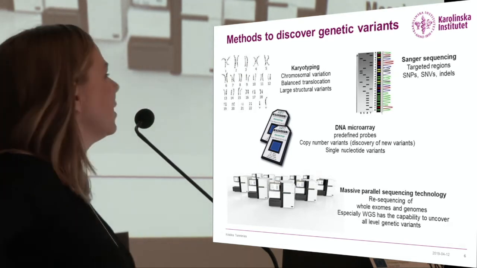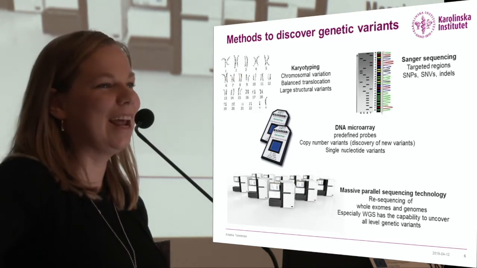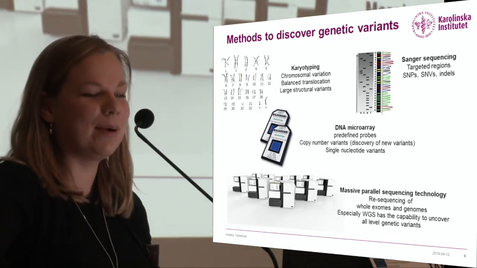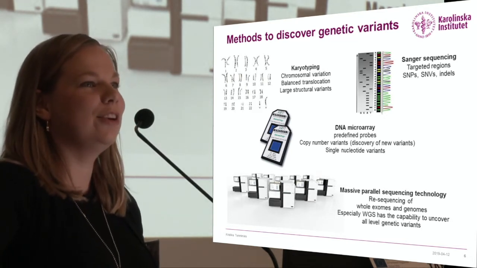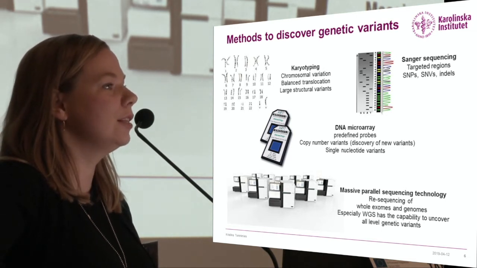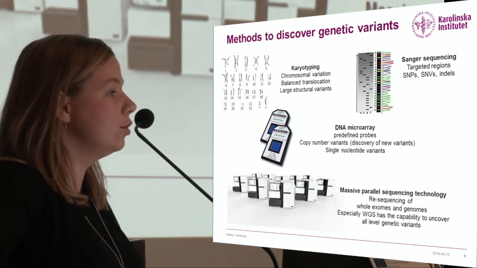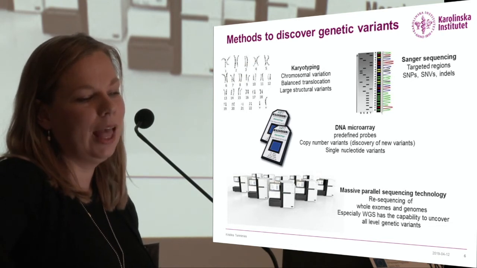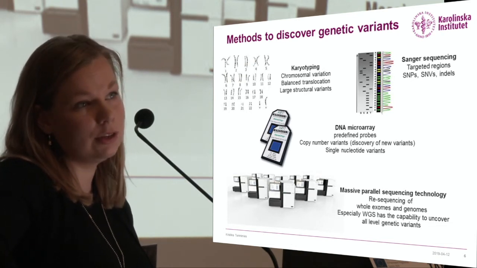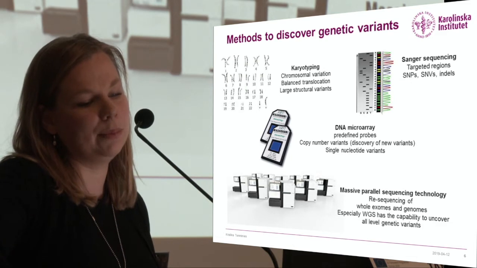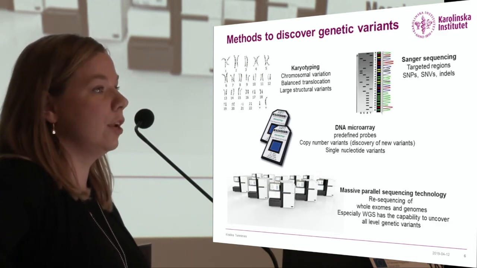It should be NovaSeq 6000, at least, and we are also using nanopores here. But so, massively parallel sequencing. What we can really do now is resequencing of exomes and whole genomes in a really short time. And especially whole genome sequencing has the capability to uncover all levels of genetic variants.